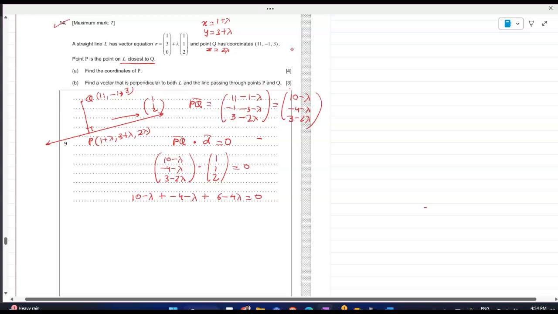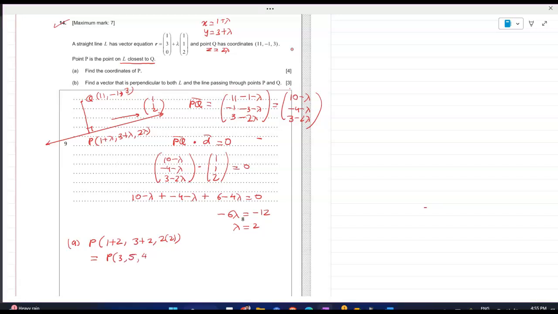So that will be how much? 12 minus 6 lambda is equal to minus 12, correct? So lambda is equal to 2. Now as your lambda is 2, you put it back. You want the coordinates of P: 1 plus 2, 3 plus 2, and 2 into 2. So P's coordinate is (3, 5, 4).